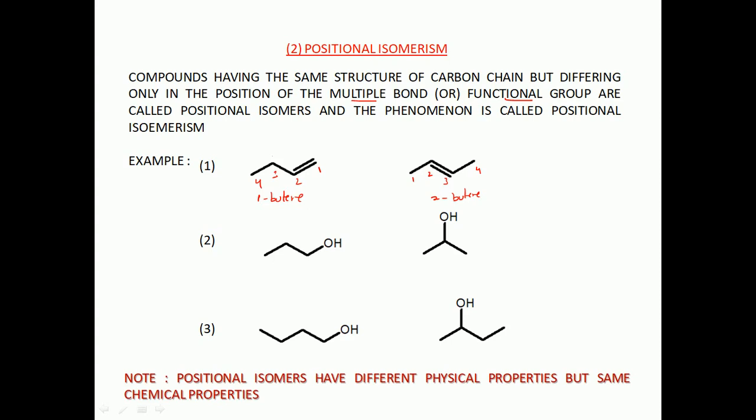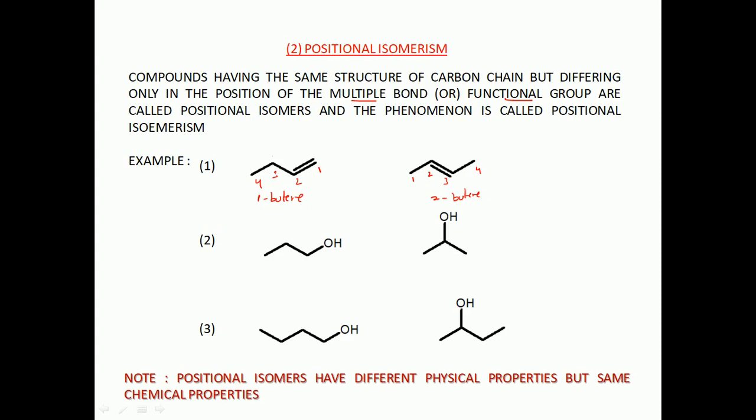The first one has 4 in the parent chain, the second one also has 4 in the parent chain, but they differ in the position of the multiple bond. In the first structure the multiple bond is on the first carbon atom, and in the second structure it is on the second carbon atom. So these two structures are said to be positional isomers.